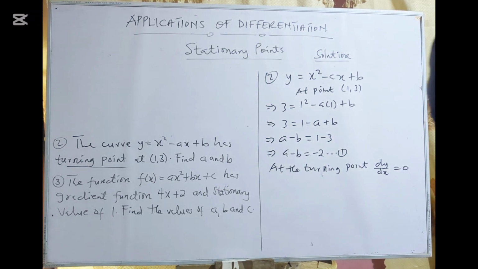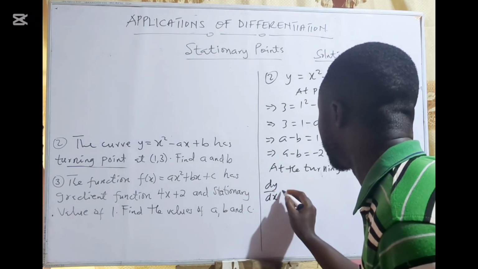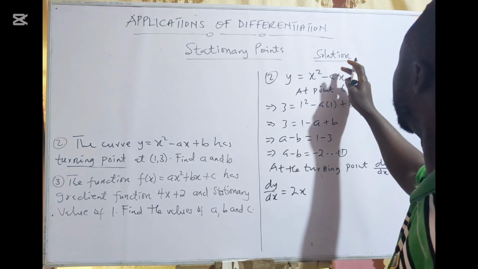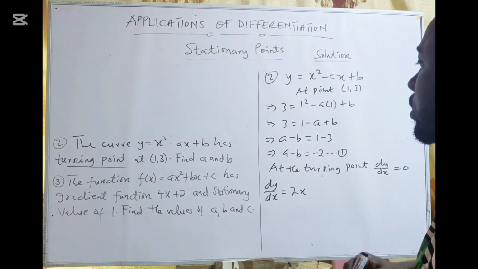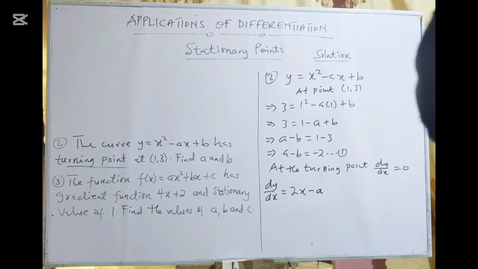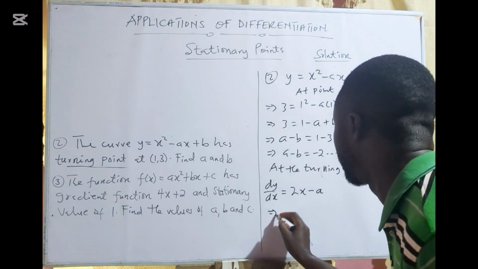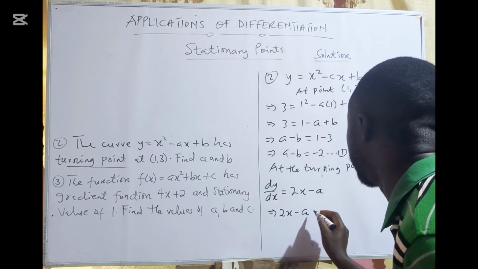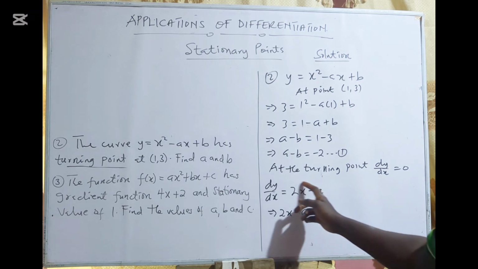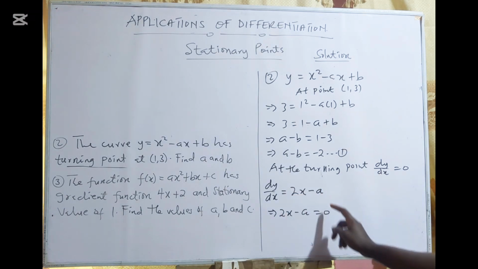Alright, so if dy/dx is equal to 0, then dy/dx will be equal to 2x, and here a is constant, so minus a, and then the b will be 0. So it implies that 2x - a is equal to 0. So at the turning point, this dy/dx there is equal to 0.